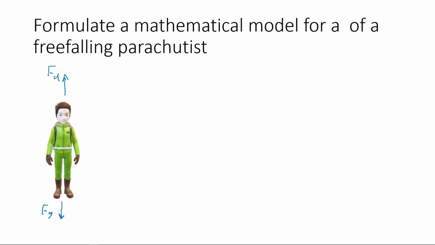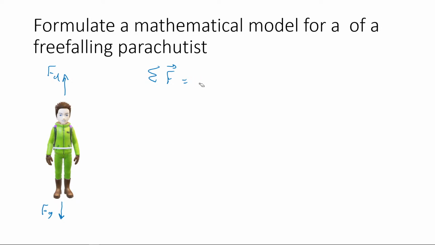And Newton's laws tell us that if these forces are balanced, then the sum of these forces is zero, and that system will not be accelerating. So this guy will not have any acceleration. But if these forces are not balanced, then there will be acceleration.